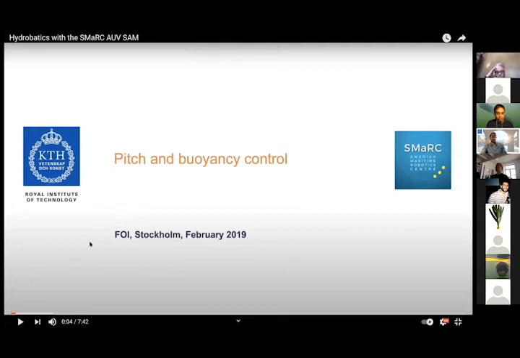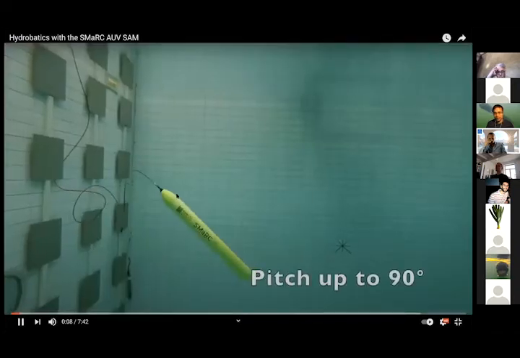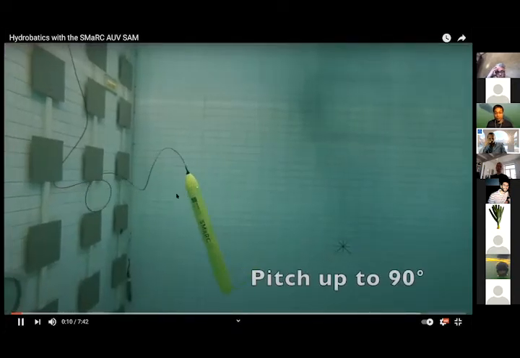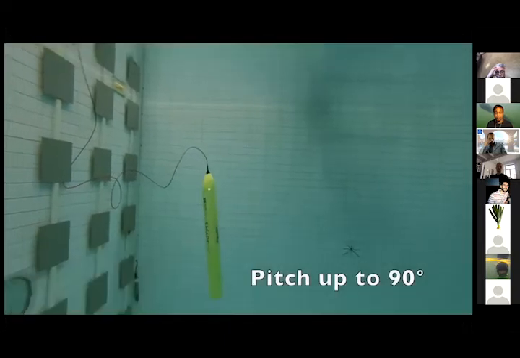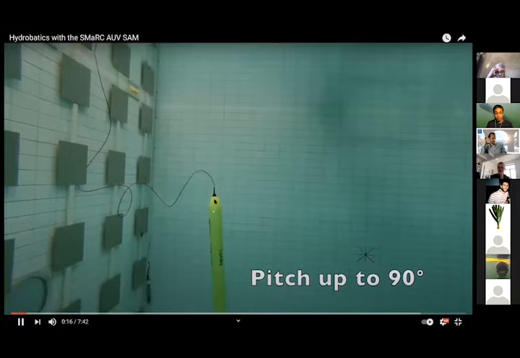Okay, perfect. So here is one example of what we are able to do with the actuators on SAM with really simple linear controllers. We're able to use the actuators to push it down to 90 degrees of pitch, for example.